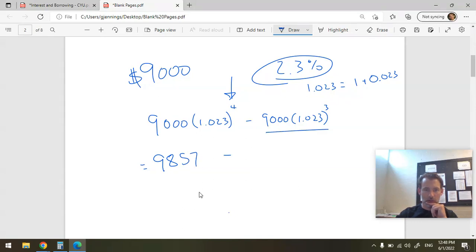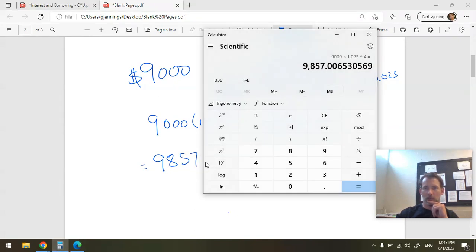Subtract this value. Let's round it to the nearest dollar. 9,000 times 1.023 raised to the power 3 equals 9635.39.